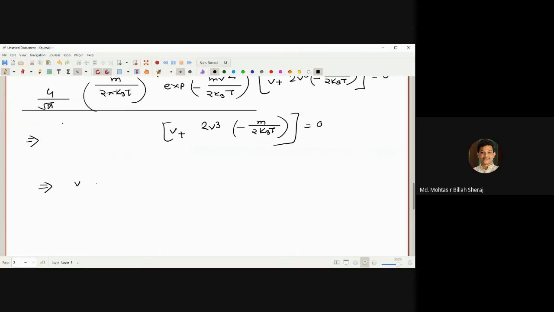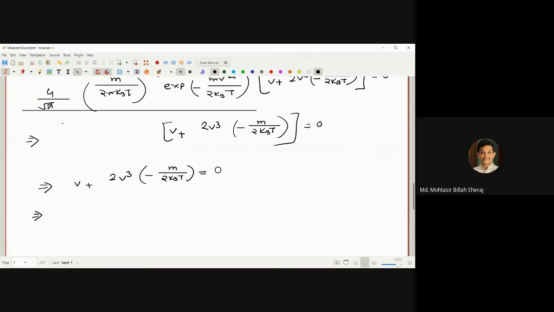So v plus 2v cube minus m by 2 kbt equals 0, right?